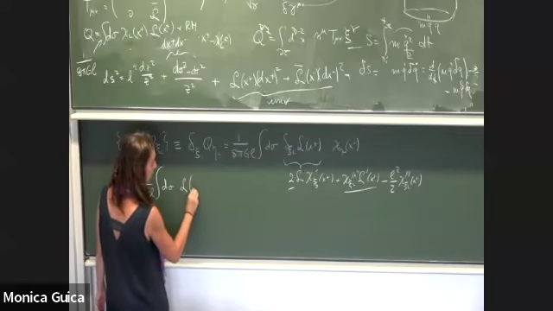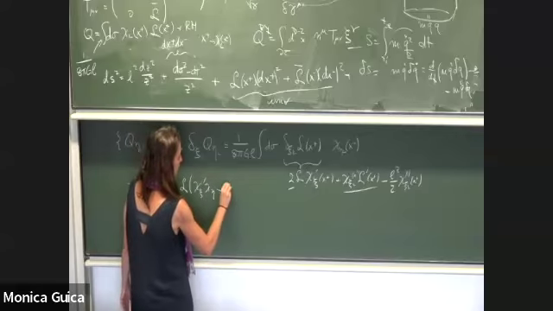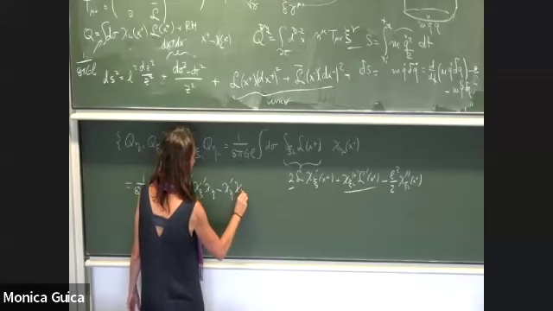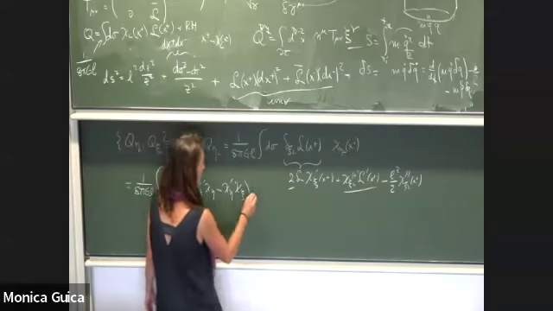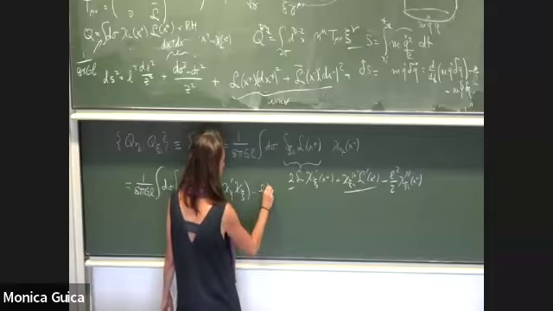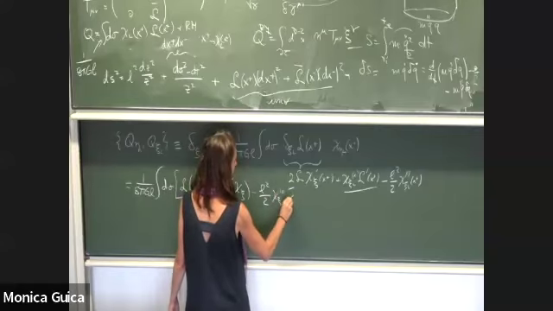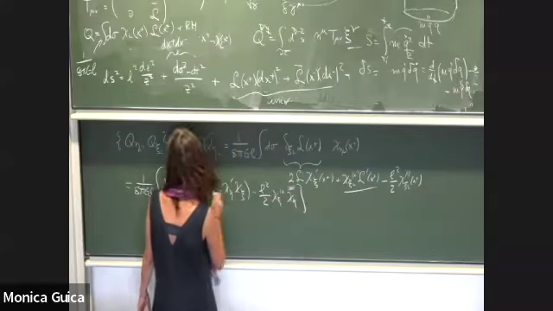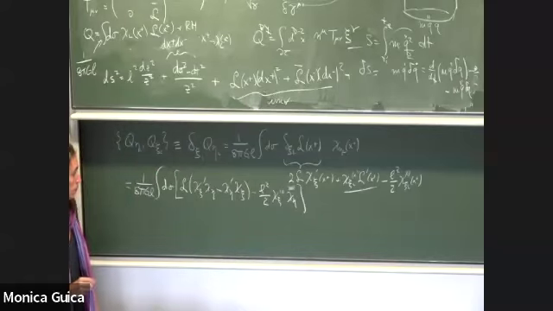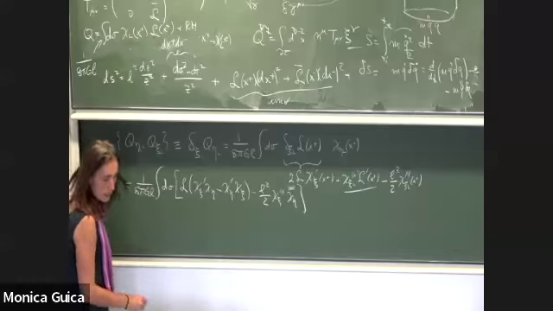So we have L times chi Xi prime chi eta minus chi eta prime chi Xi. And then we have minus the homogeneous term, L squared over 2 chi Xi triple prime chi eta. Okay? So this is the answer for the bracket of Q eta and Q Xi.